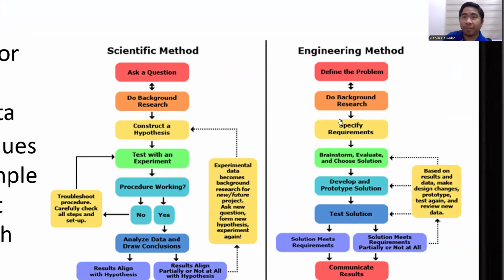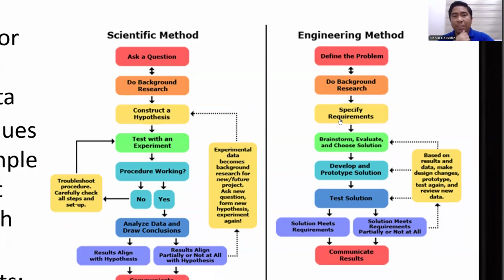As future engineers, we are expected to be able to practice our profession in connection to these methods. So basically, how we do our things must be in line with the scientific method or the engineering method or the engineering design process. So these two are very similar, if you have noticed.